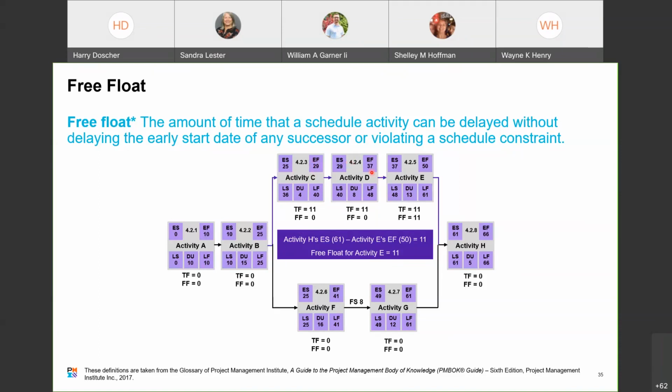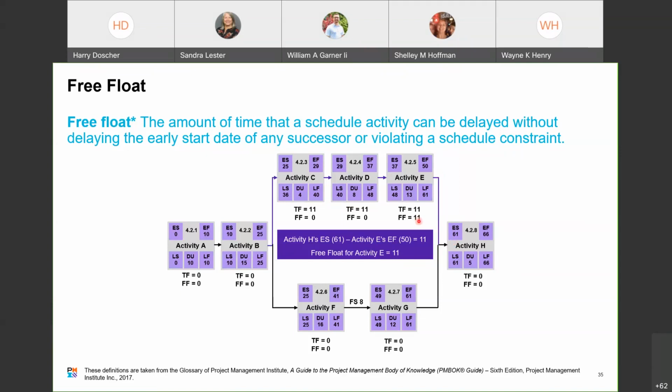Same thing here. Early finish and early start of 37. Now, the free float for activity E is calculated by taking a look at activity H, which has an early start date of 61, and this early finish is 50.